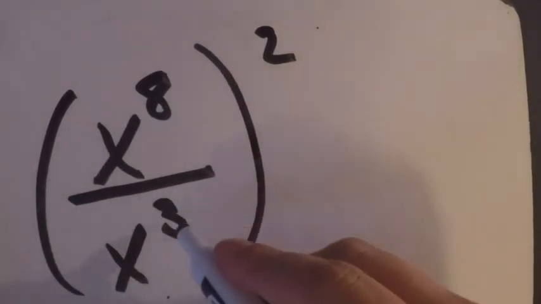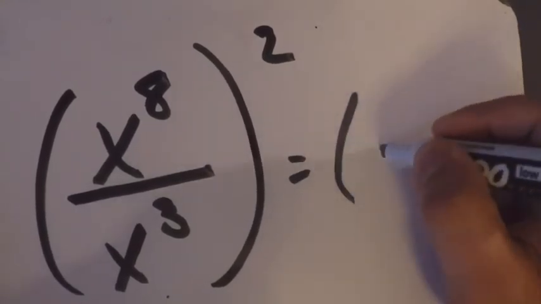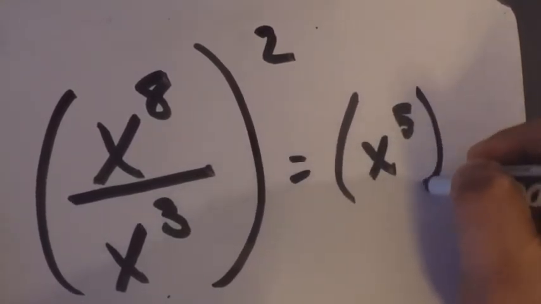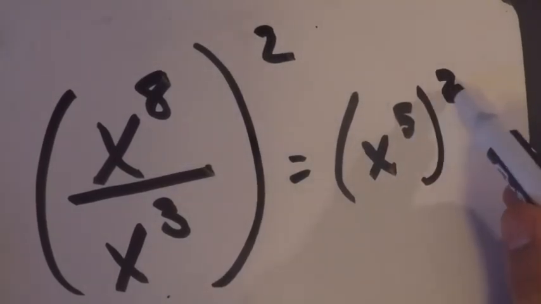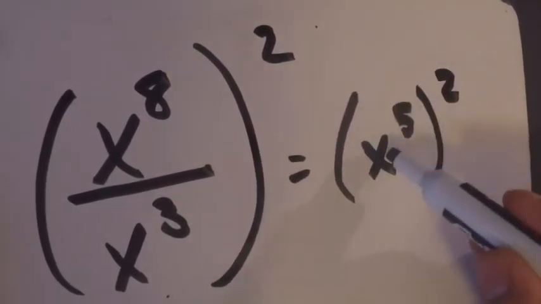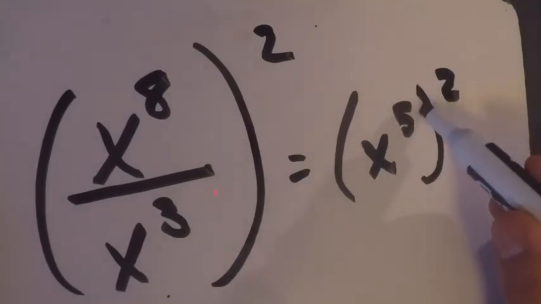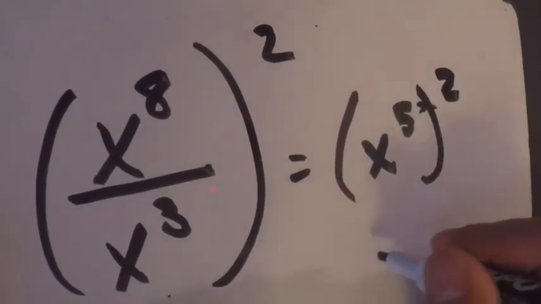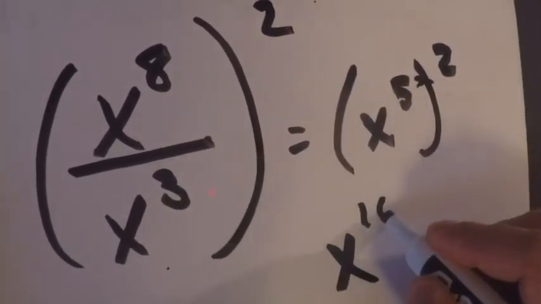So 8 minus 3 is 5. So now inside of parentheses, I have x to the 5th. Now that is squared. Now when we're raising an expression to a power, we multiply. So we'll have x to the 5 times 2, which is 10.